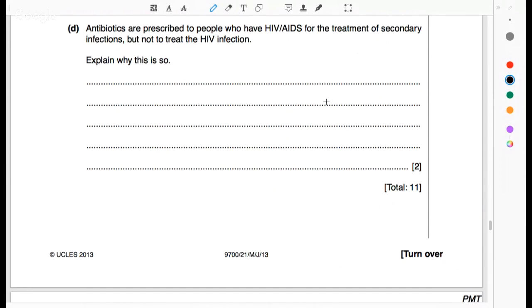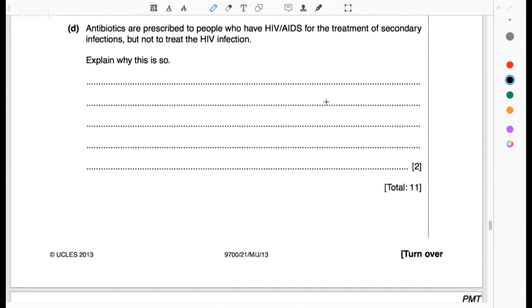What do antibiotics target? So antibiotics target like the cell wall or DNA replication. Yeah, different types. The viruses don't have a cell wall. Yeah, that's a mark there. Viruses don't have a cell wall.